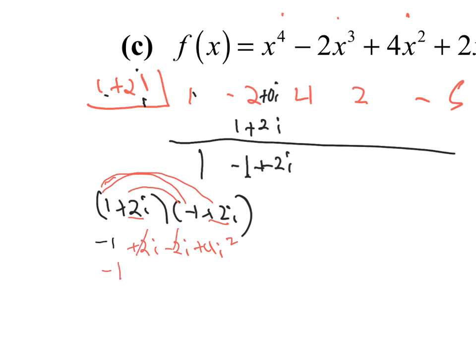A negative 4 times a negative 1. Remember what i squared is. It's actually a negative 1. So you got to be careful. A negative 1 plus a 4 times a negative 1 is a negative 1 minus 4. That's a negative 5. So that answer, negative 5, goes here. And I add straight down. 4 plus a negative 5 is a negative 1.